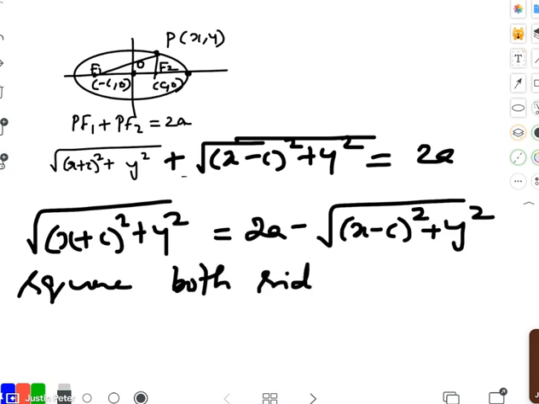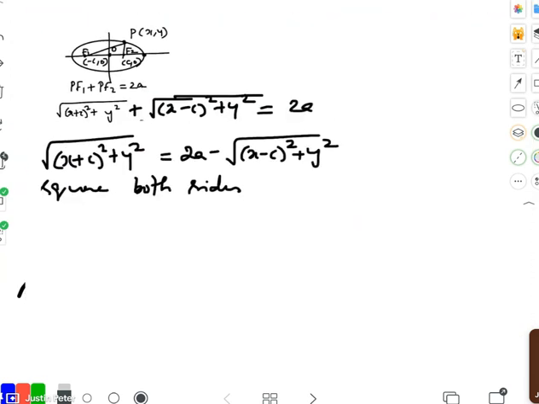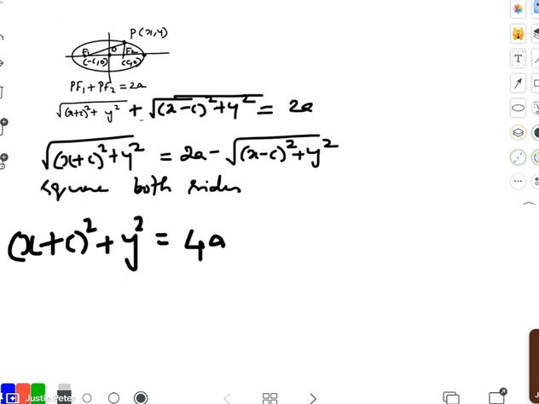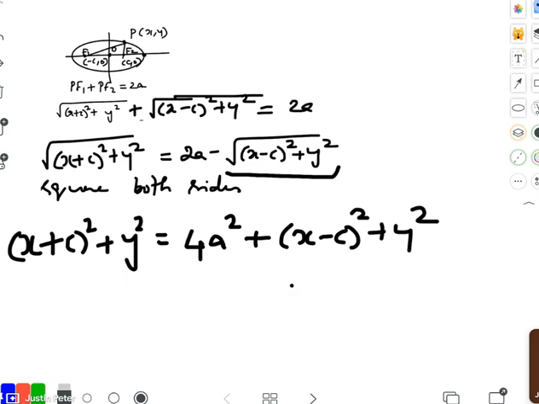What do you get? x plus c whole square plus y square is equal to 4a square plus, now the root thing gets squared up, x minus c whole square plus y square, minus 2 into 2a, that is going to be 4a, into root of x minus c whole square plus y square. Correct?